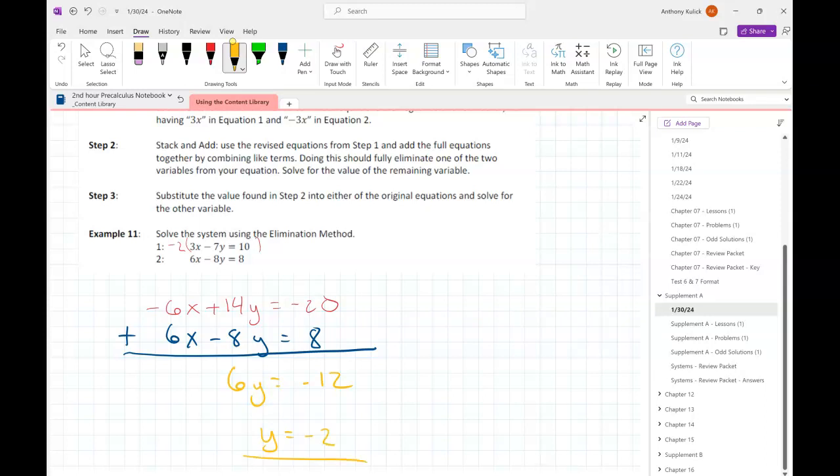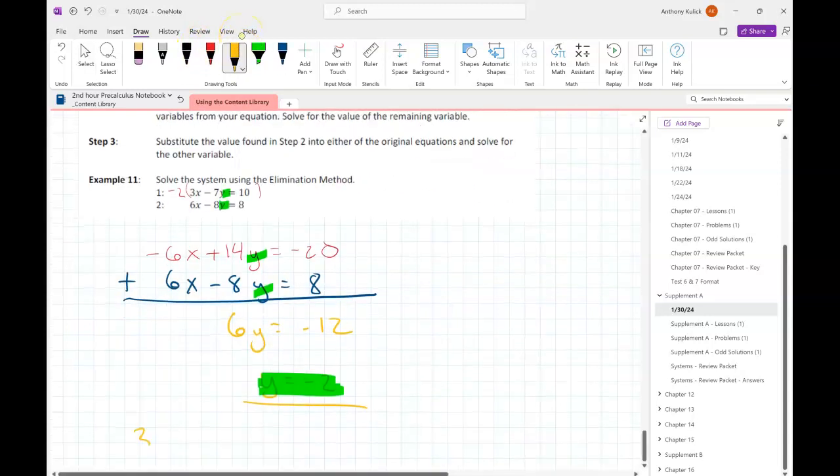There's half of my solution, right? There's the y. To get the x, what do I need to do? Yeah, I can take that and plug it into any place where there's a y. Doesn't really matter. For the sake of argument, let's plug it into the first equation.